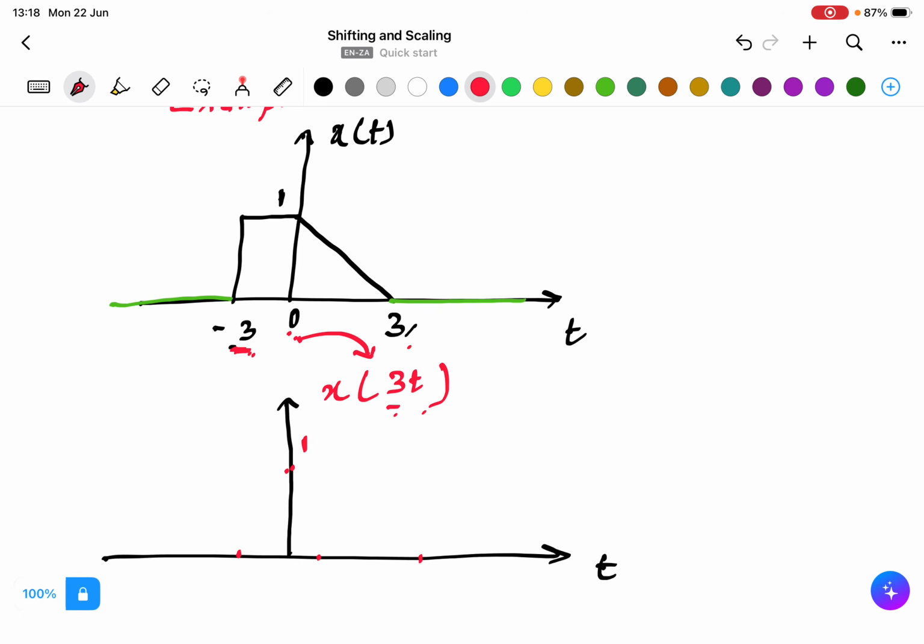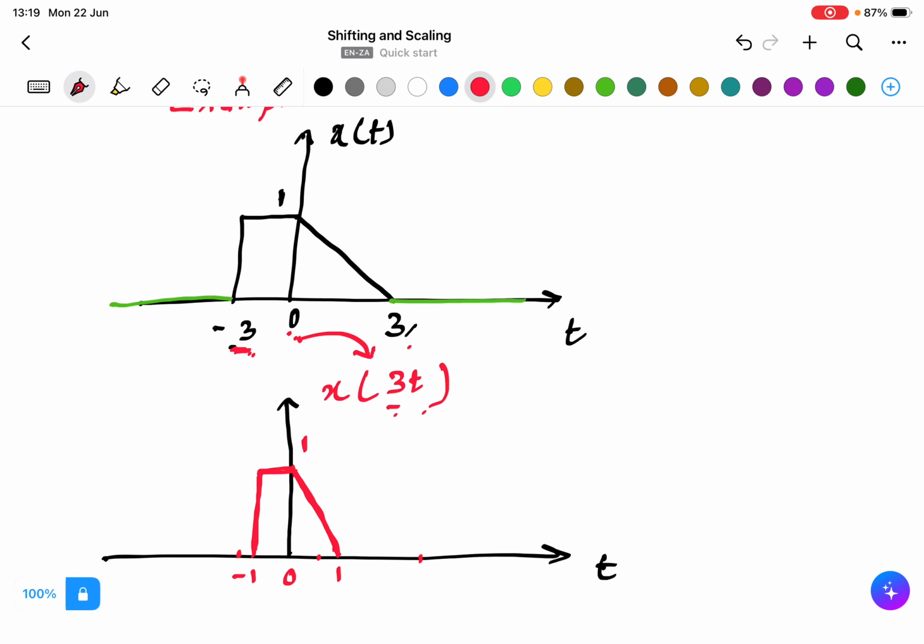So the signal will appear something like this. Maybe it's not the same scale, but it's -1, 1 and 0. This will be a compressed signal.